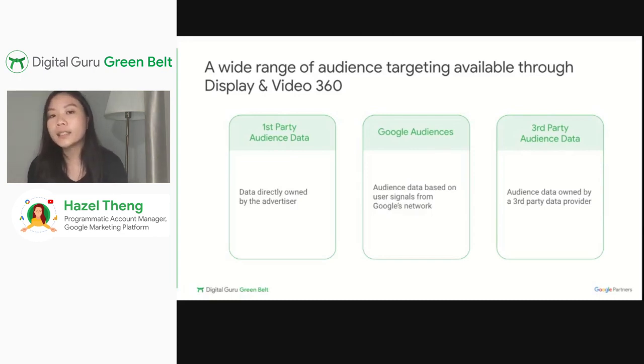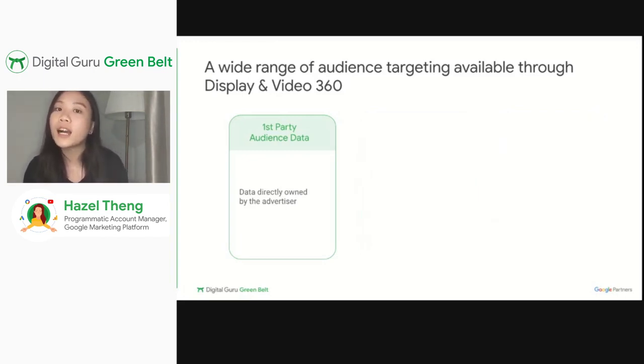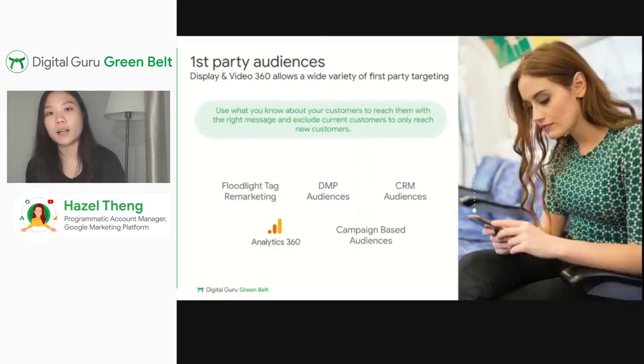Third-party audiences are aggregated databases based off third-party data providers. They are provided and sold by those third-party data providers, such as BlueKai as well as IOTA, for example.